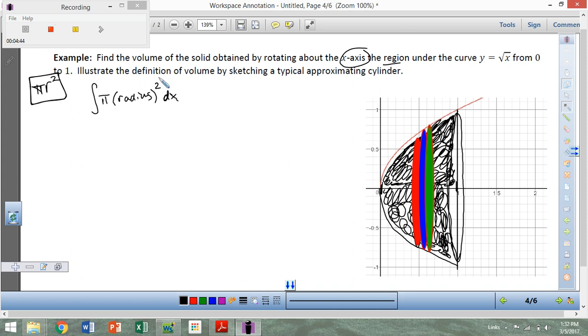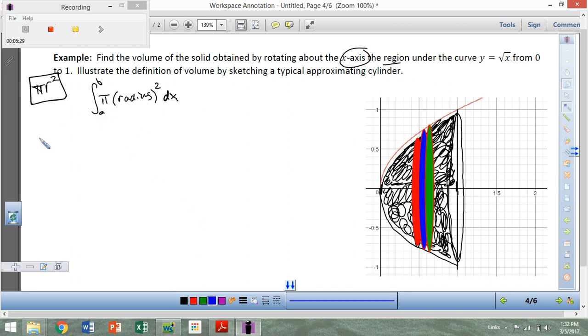So that's what I want to think about with the disk method: pi times the radius squared, and the integral from a to b of that means I take all of these pi times radius squareds and add all of them up from a to b. That's all that says.